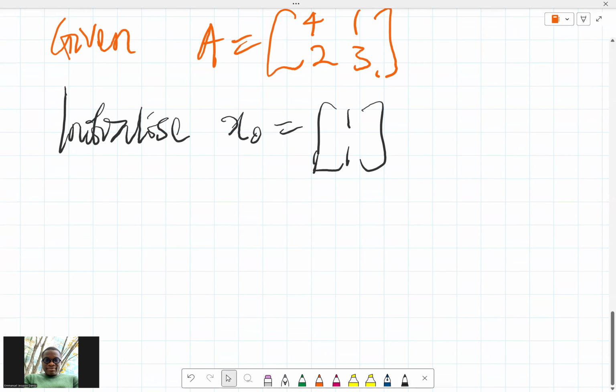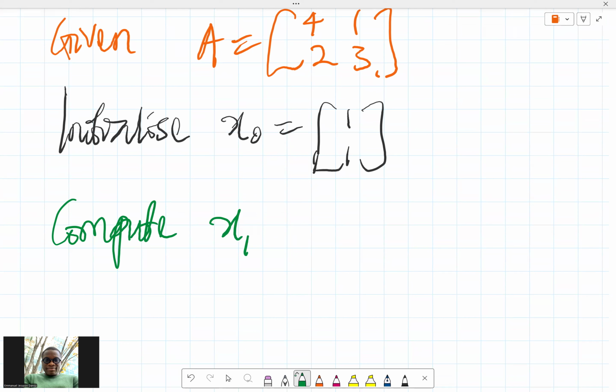The next thing you want to do is compute x1, which is A x naught.